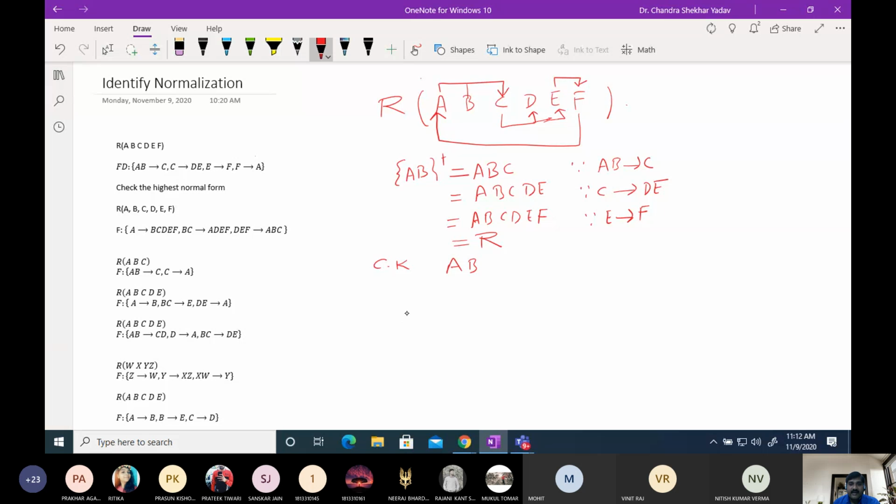And a table or relation may have multiple candidate keys. Then find out another candidate key, or find out whether there is any other candidate key. Did you get it? Vineet Raj. Yes, sir. Find out other candidate keys.